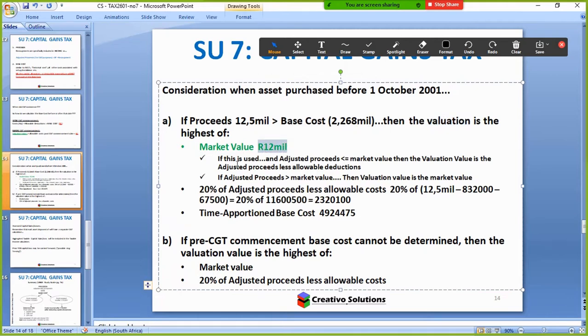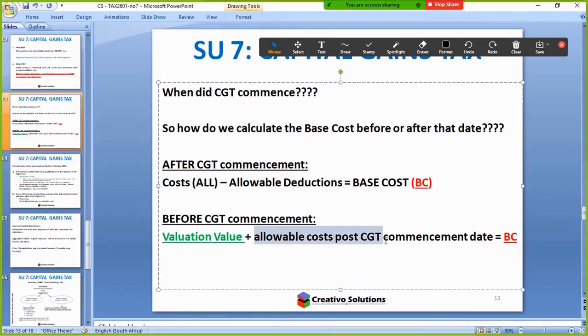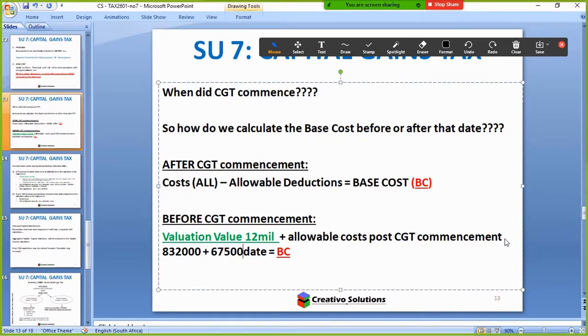Okay. So now if I go back here, I'm going to say 12 million plus those post CGT commencement date costs. Do you agree? Yes. So now I can put that in here. 12 mil plus 832, and the other one, 67,500. So then that'll be 12, then there's an 8. 6 plus 3 is 9.